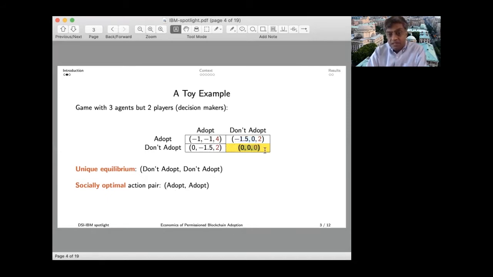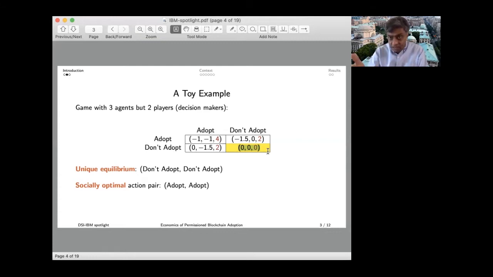That means you end up in this yellow cell. And the reason that happens is that all the benefits of adopting this blockchain go to the third player, and all the costs of adopting the blockchain go to players 1 and 2. And as a result, we end up in a situation where the players don't want to adopt, although it's socially optimal for the blockchain to be adopted.